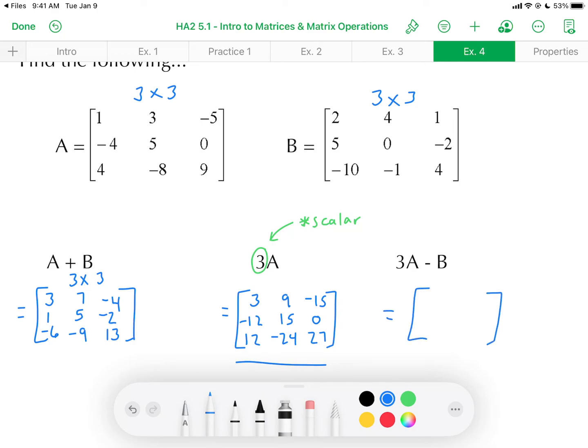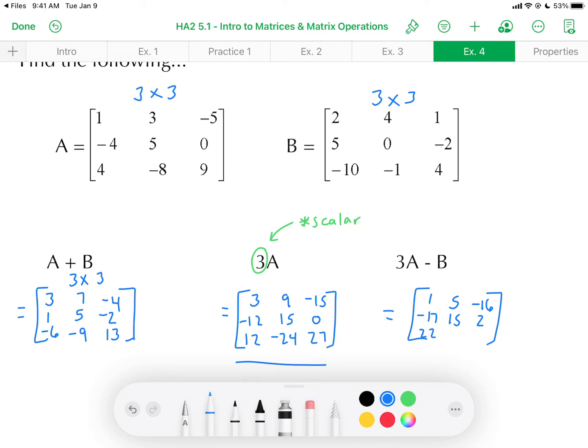So 3 minus 2 would be 1. 9 minus 4 would be 5. Negative 15 minus 1 would be negative 16. Then we'll get a negative 16. Then a 15. Careful on this one. 0 minus negative 2 would be positive 2. 12 minus negative 10 would be 22.